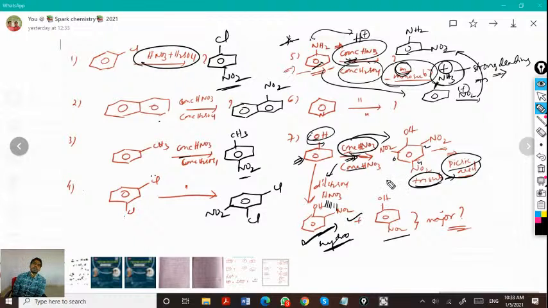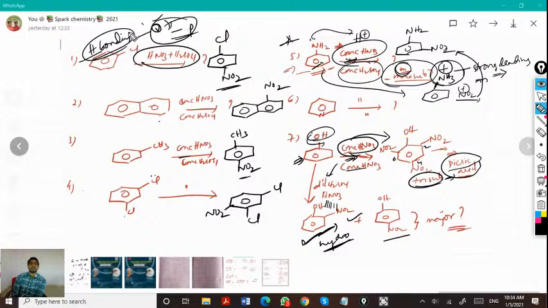So how do you determine whether a group goes ortho and gives the major product, or goes para and gives the major product? You need to first find the hydrogen bonding. If there is hydrogen bonding, ortho is major. If there is no hydrogen bonding, then para is the major.